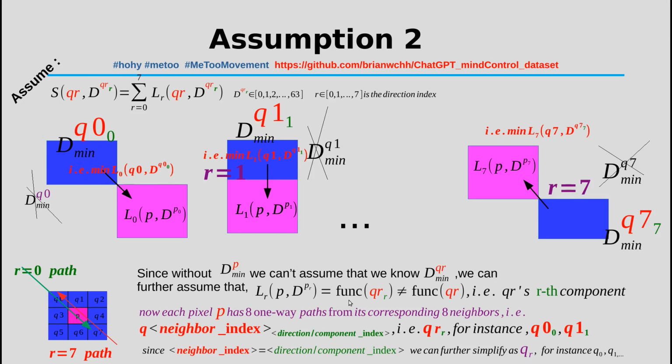Okay, so this is a notation, but we can further simplify it because these two indexes are actually the same value. So component or direction index and this neighbor index in this case are the same, 0 and 0. So we can say, why not just use Q0 for simplification. Okay, I hope you got the idea.